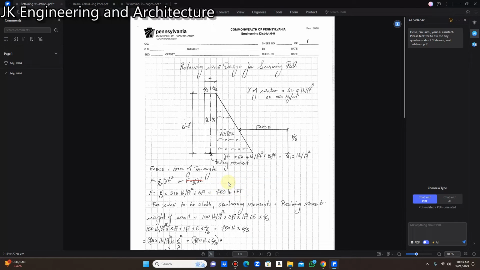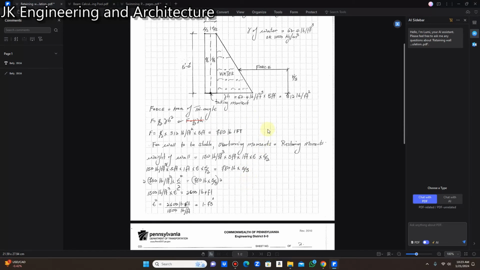What this is saying is that for every foot along this wall, there is going to be 780 pounds. So every unit foot along the length of the wall, the force going towards the wall is equivalent to 780 pounds. So it's 780 pounds per foot.